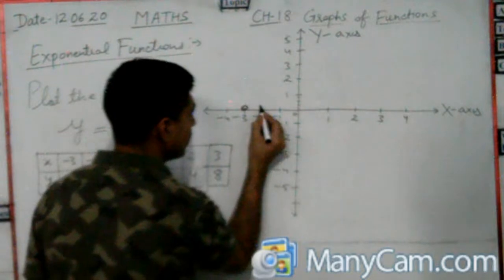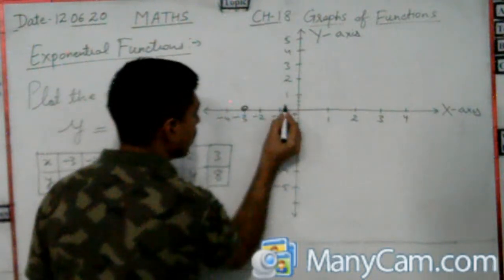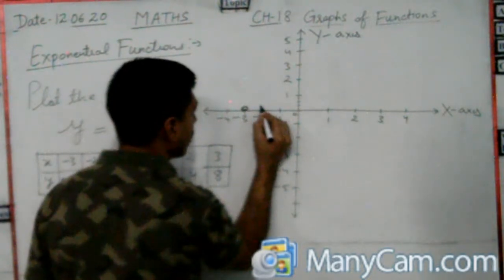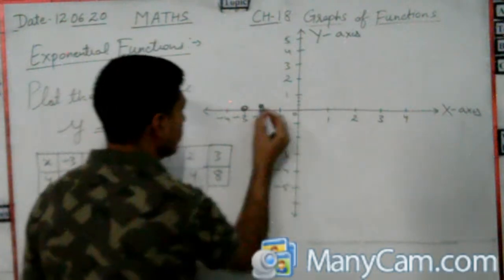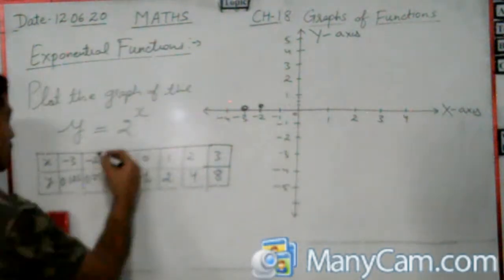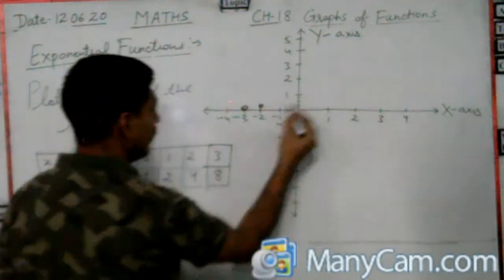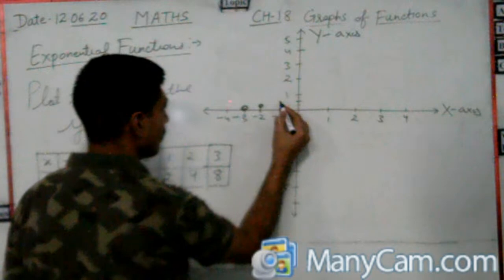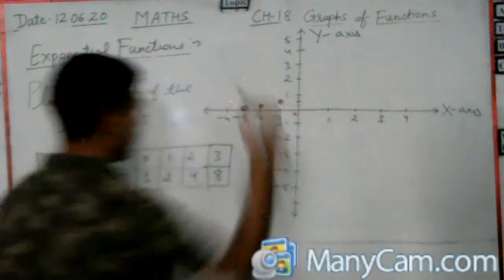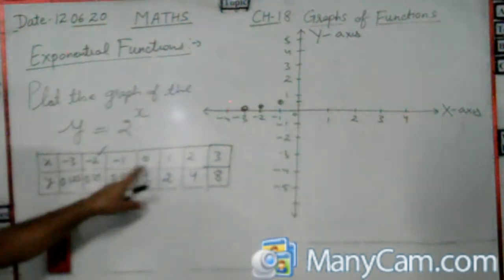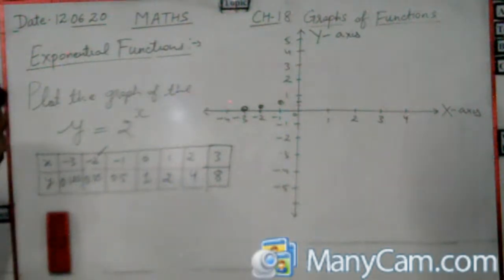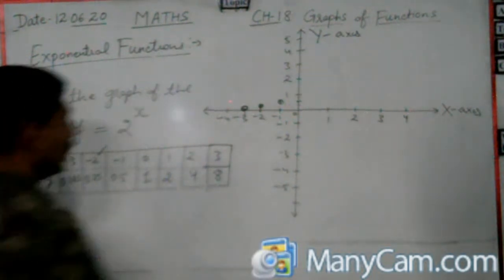This point is 0.25. When it is 1, so here we have, when x is 0, y is 1.